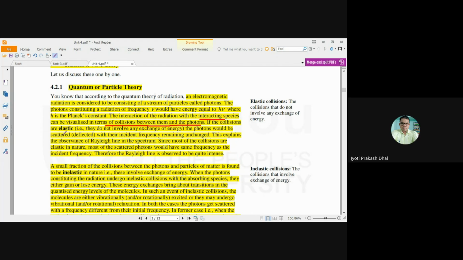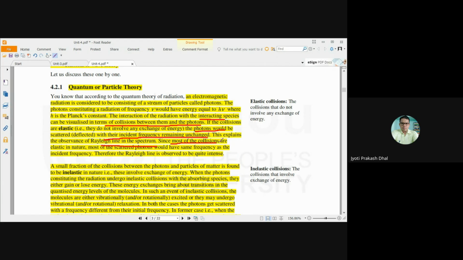If the collisions are elastic, then the photons would be scattered with their incident frequency unchanged. So for an elastic collision, the photon will scatter with the same frequency or same wavelength. This explains the observance of Rayleigh lines in the spectrum.